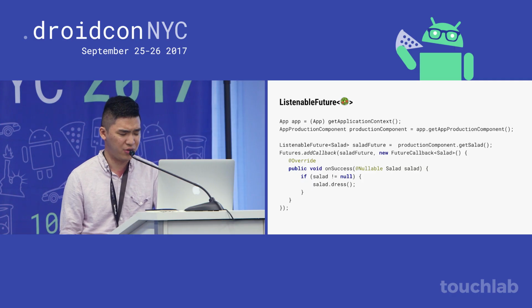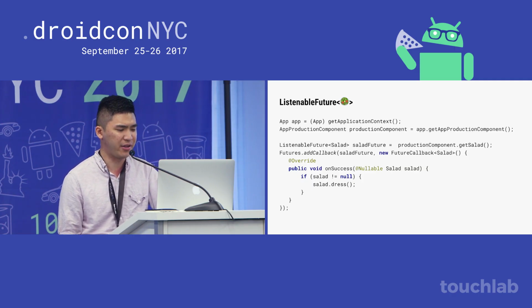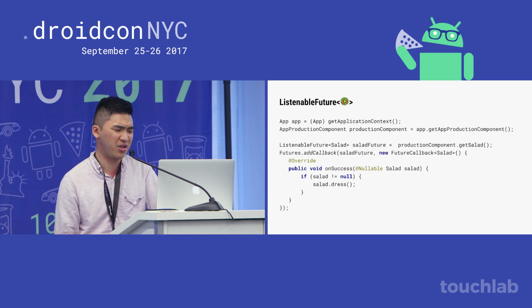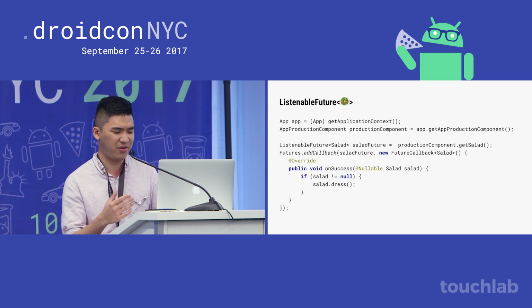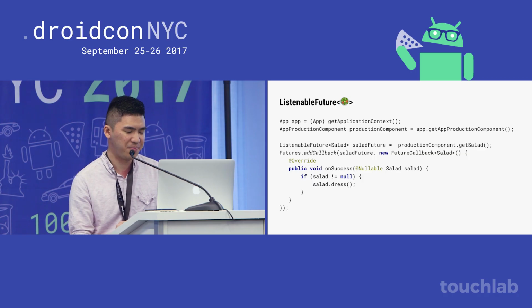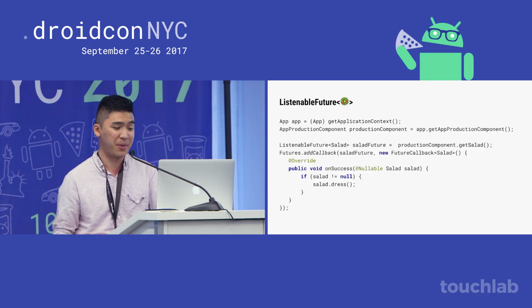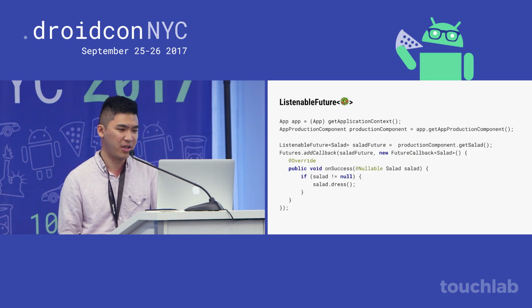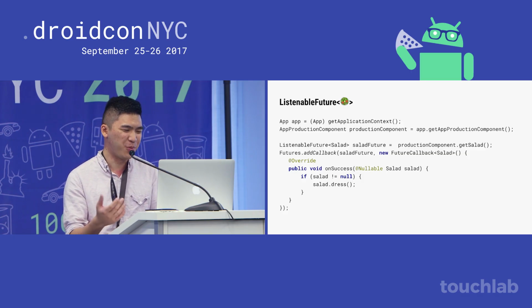What's important to note is that you can also add the thread that the callback will be called on, kind of similar to observeOn with RxJava, and that's something you can play around with to try to eke out a little bit more performance. But that comes back to the point I was trying to make earlier: once you've created this thing, you're on the wrong thread, and you probably want to do something else on another thread.